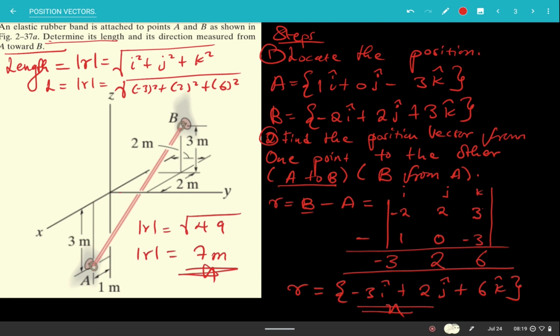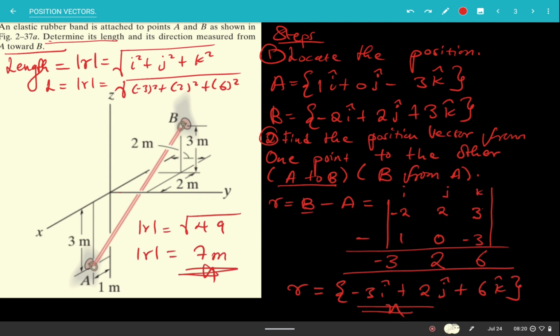A. After you do that, you get the precise positions of your position what? Vector. After that, you end up having the positions that will show you how you should travel from one point to the other. And if you take the absolute form or the magnitude of those positions, you end up getting the length which you're interested in.